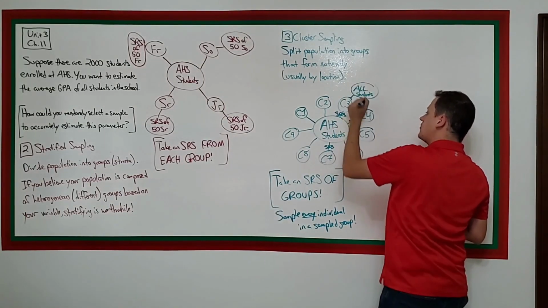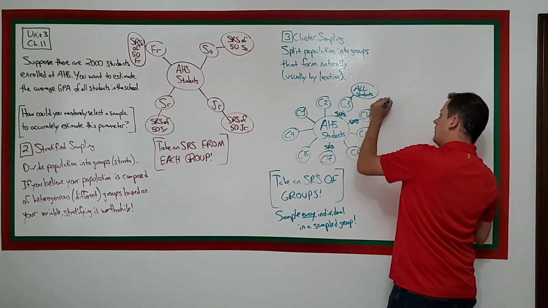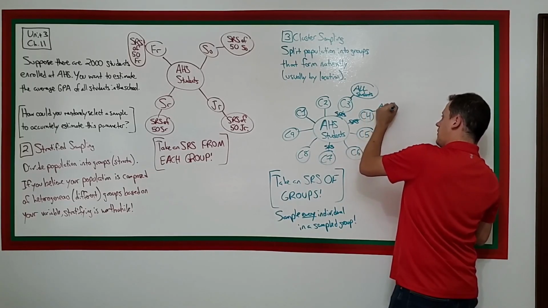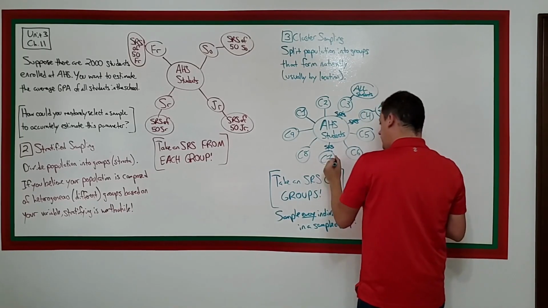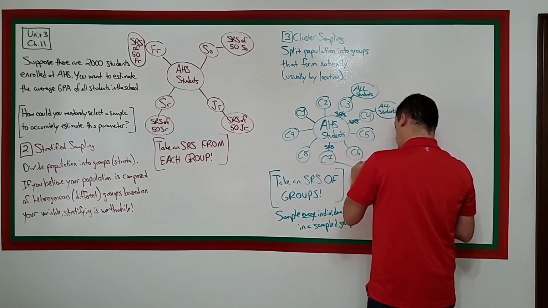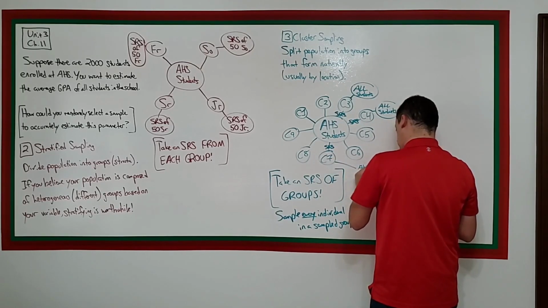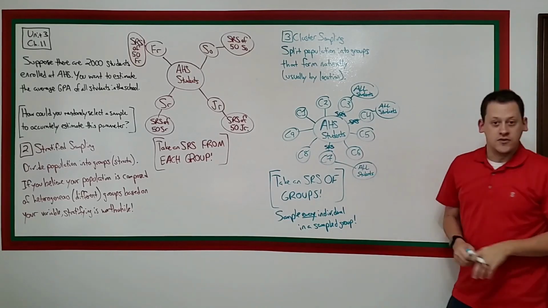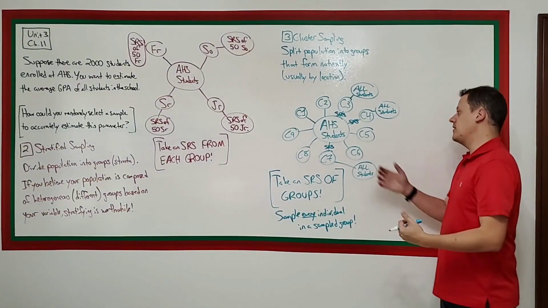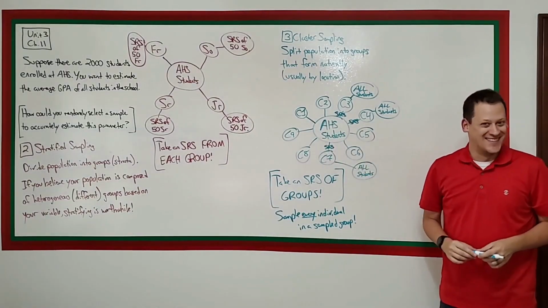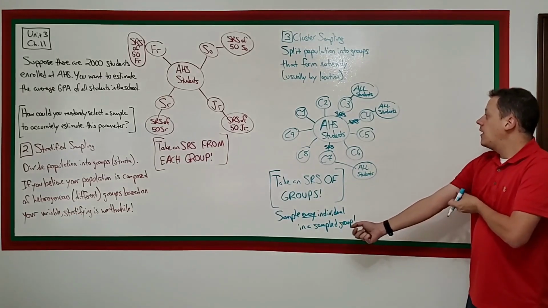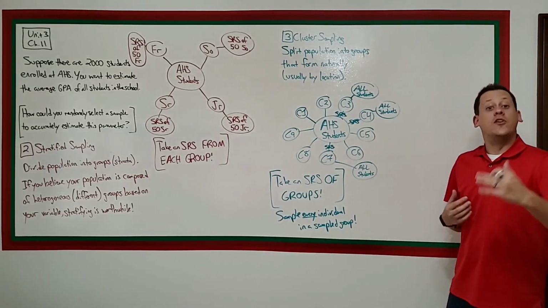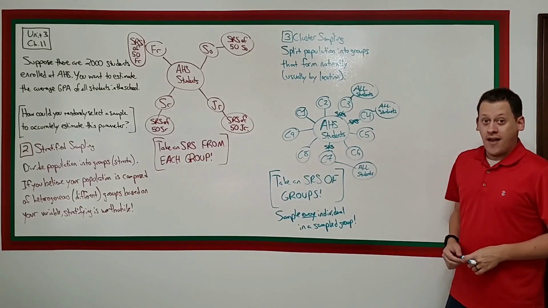So we're going to get all the students from this room, all the students from that room, and all the students from that room, and all the other ones that aren't pictured here. And we'll do that until we get to 200. We don't need a sampling frame to do it this way.